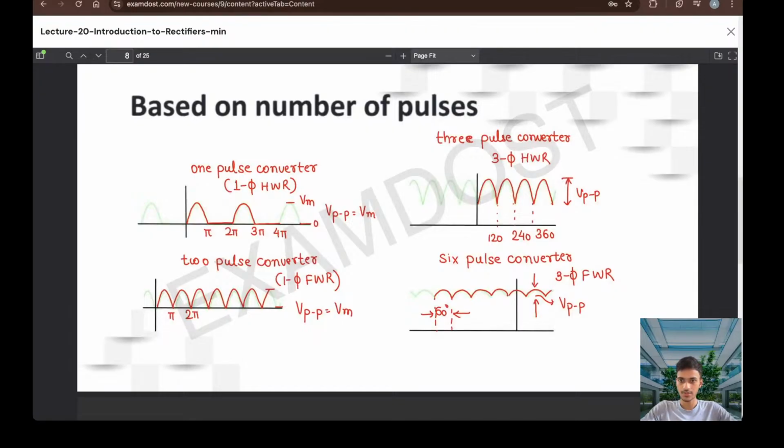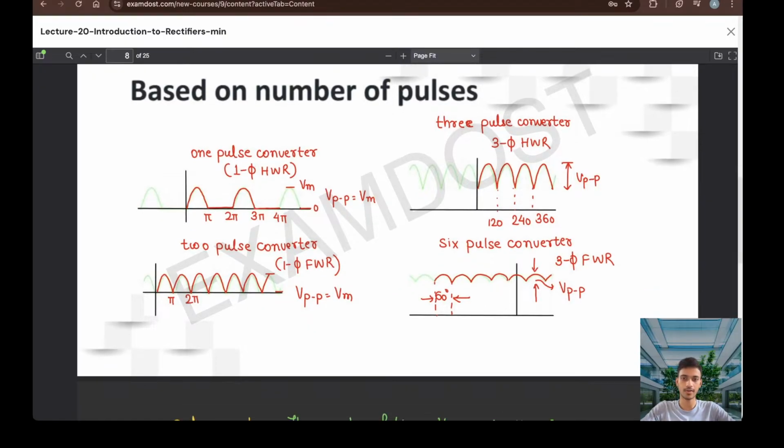Classification based on the number of pulses. One pulse converter, two pulse converter, three pulse converter, six pulse converter. One pulse converter is one pulse, then zero, then one pulse, then zero. One pulse converter is the single phase half wave rectifier.